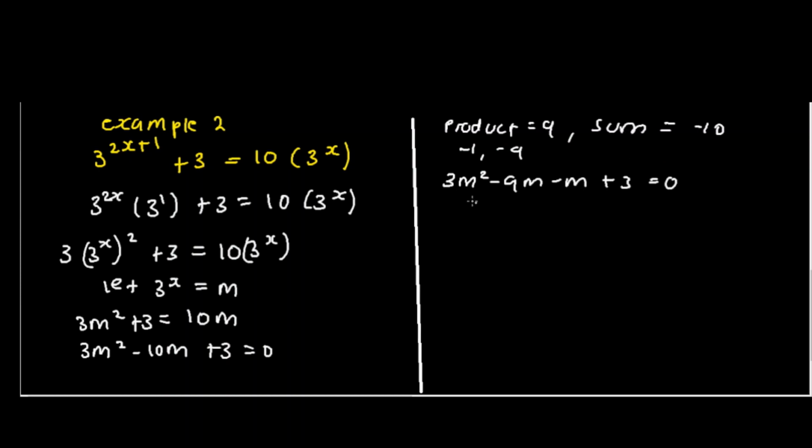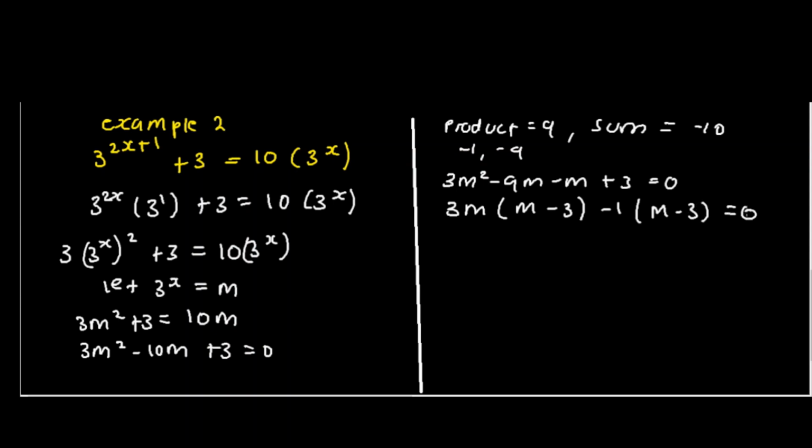And then we can factorize out 3m from this. We shall have 3m, and we shall remain with m minus 3, right? And then in this bracket here, we can factorize out a 1, and then we say minus 1, and even here we shall have m minus 3.